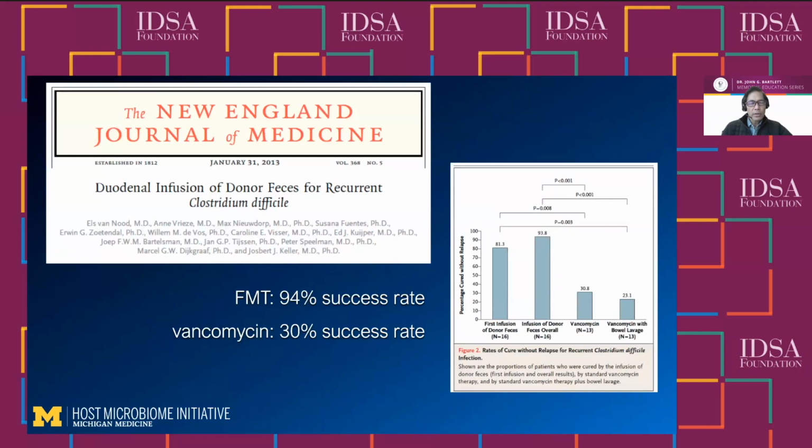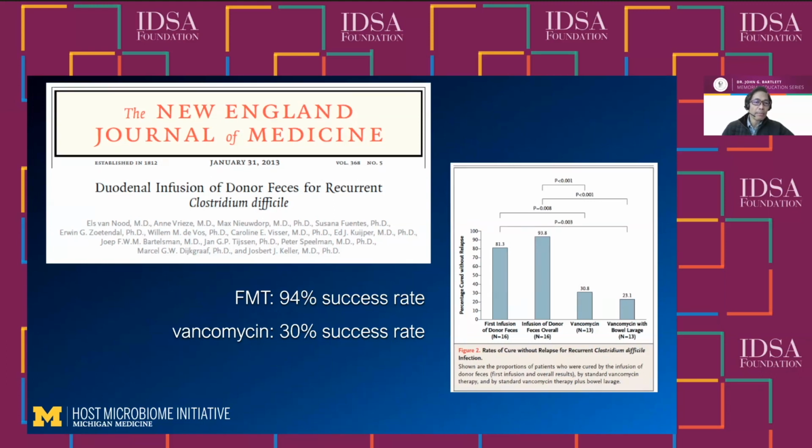And of course, some of the recent attention for this happened about 10 years ago when the first controlled trial was published. This one was comparing vancomycin to fecal microbiota transfer for recurrent C. difficile. Standard practice at that time was to treat with additional rounds of antibiotics, for example, vancomycin, or at the time, metronidazole, and that only had about a 20 to 30% success rate at treating recurrent disease.